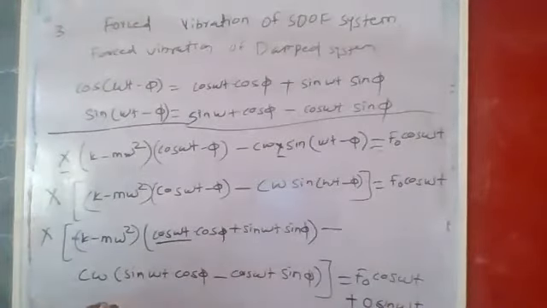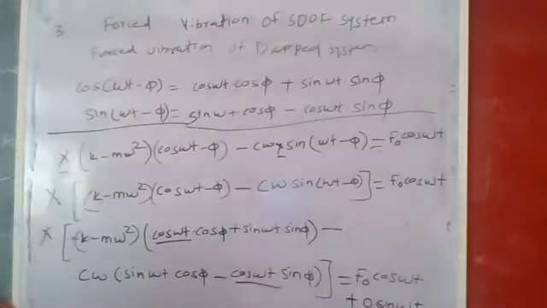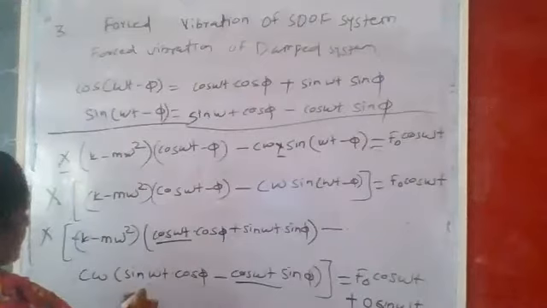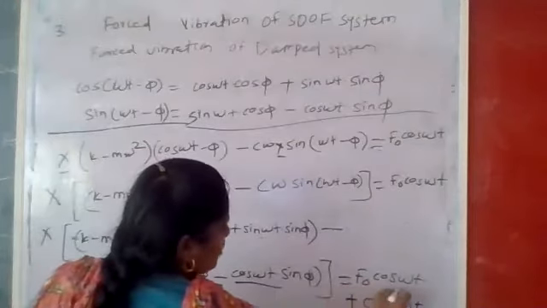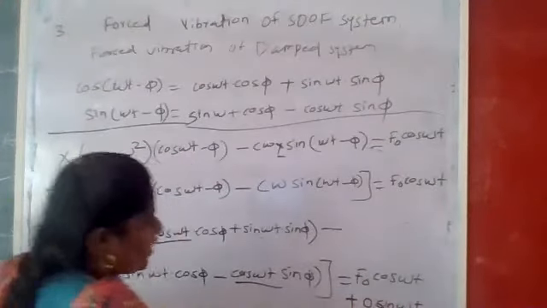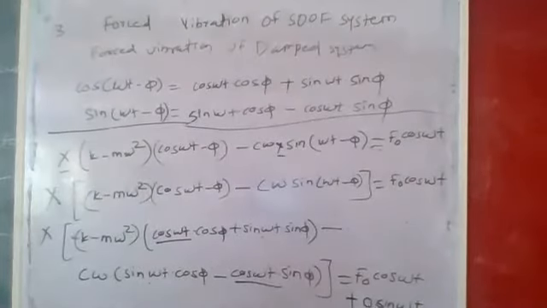There is a cos omega t and there is again cos omega t, and in the remaining term there is a sin omega t and this is a sin omega t. So we have to split this equation into two equations in terms of cos of omega t and sin of omega t. So up to this, all of you write down. We will go for the next term.